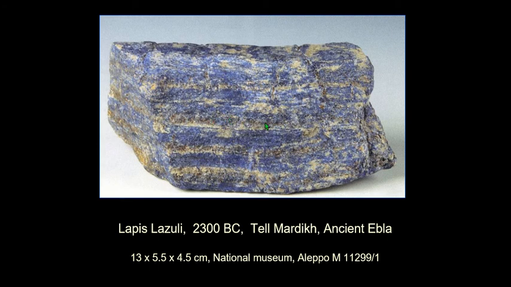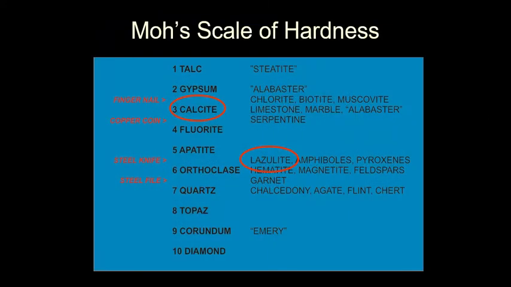And so they would often talk about these things as being blue and white and sparkly like gold. So lapis lazuli is actually a combination of something which is quite hard, lazulite. You can cut it with steel easily enough, but calcite is 3.